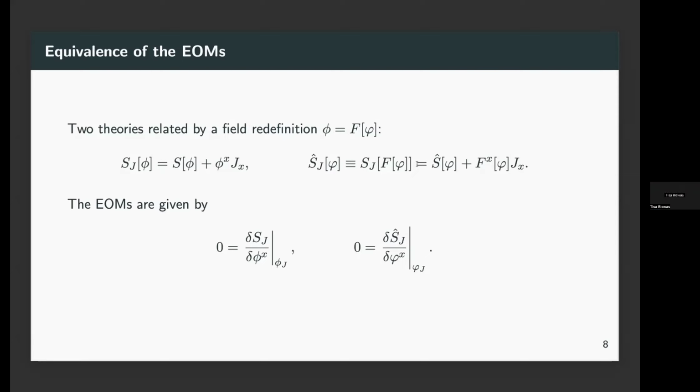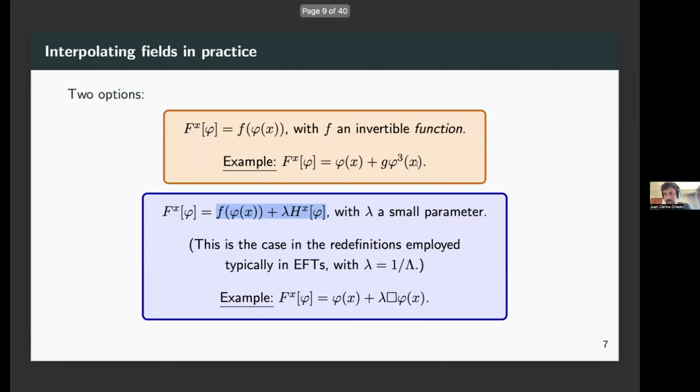And if we consider higher dimensional operators other than dimension 6, what happens to the Jacobian then? It shouldn't matter, I think. The redefinition can be, so if you have dimension 8 operators, you will have something more complicated in here, right? You will have high dimensional operators in the redefinition. But as long as it's a perturbative one, the Jacobian will be 1.